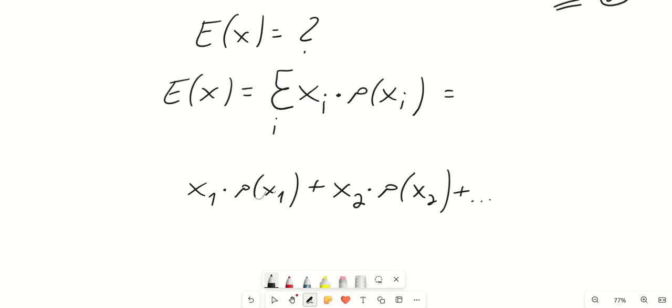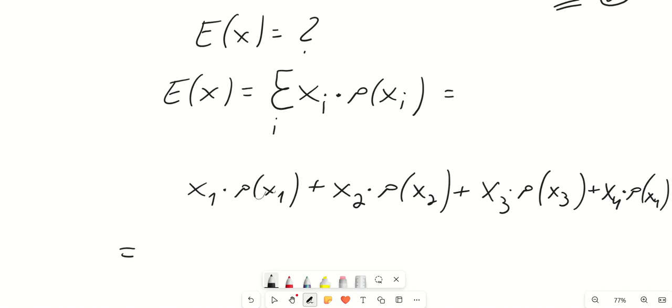We have here 4 values for outcomes of x, so we just have 2 more: the third outcome for x times the probability for that outcome, and the fourth value of x times the probability for that outcome. And I just go to the table and plug in all the values.